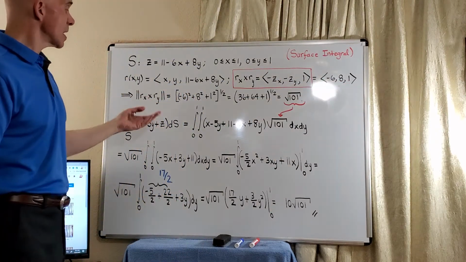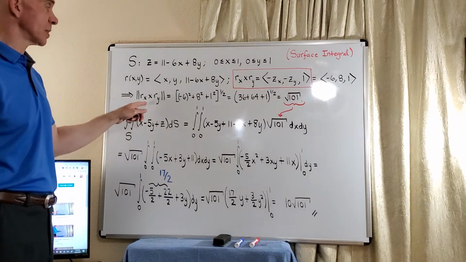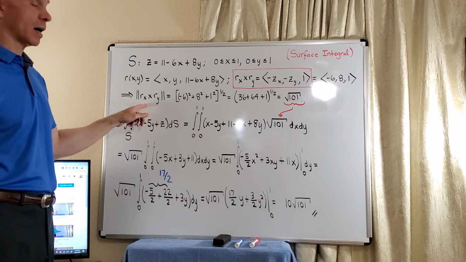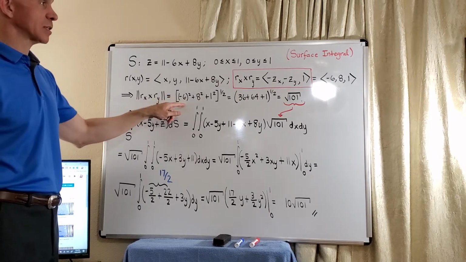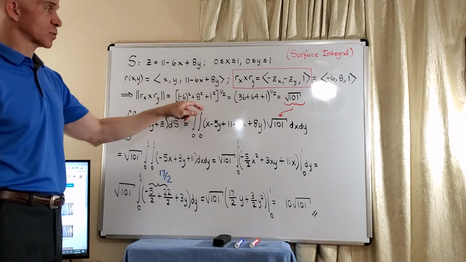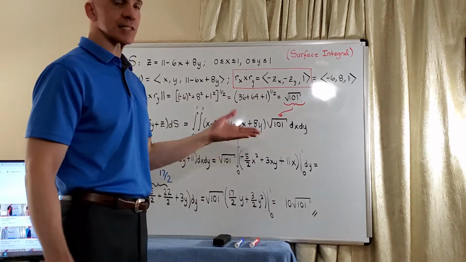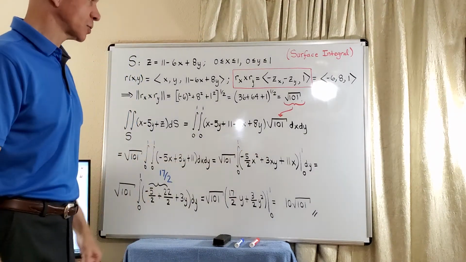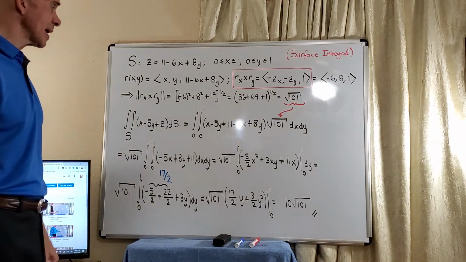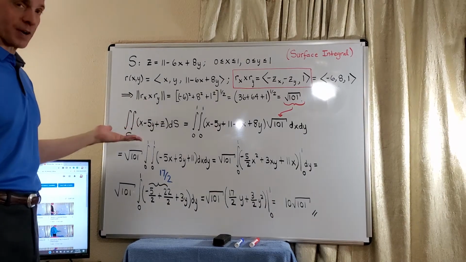And now, since we're actually going to do the surface integral of a scalar valued function, we need the norm of the normal. And so that's easy to compute. So we have negative 6 squared plus 8 squared plus 1 squared, which will give us the square root of 101. So this is completely analogous to the line integral. And so now the notation for the surface integral, very simple.